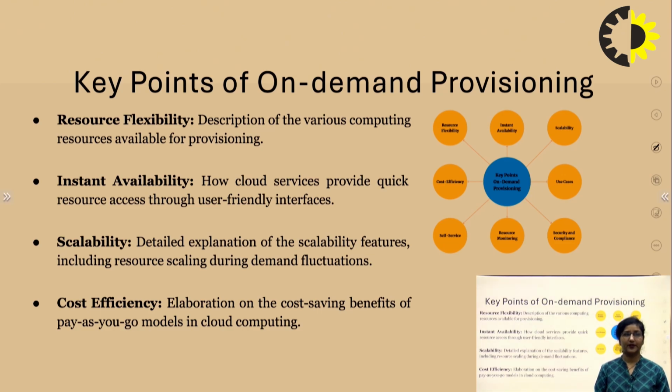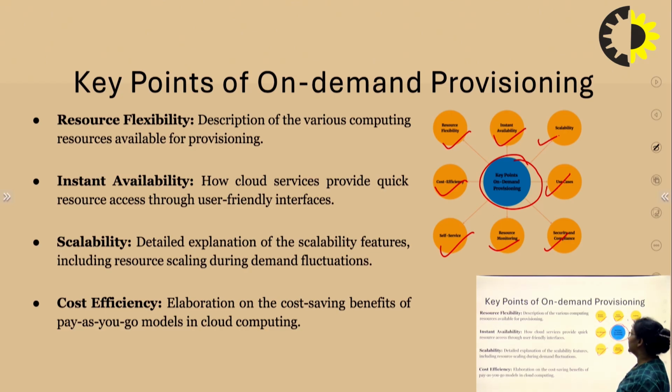So, these are the various key points of on-demand provisioning. First one, resource flexibility. It provides various computing resources which are available for provisioning. We have seen this as well. These key points include resource flexibility, instant availability, cost efficiency, self-service, resource monitoring, security and compliance, use cases and scalability.